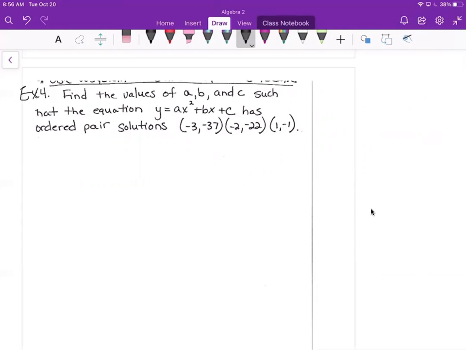All right, so it says that these are solutions. That means if you plug them in, they make the equations true. So we need to find what the original equation is.